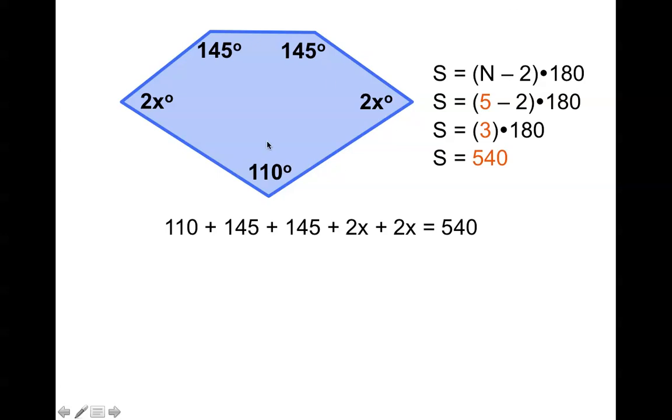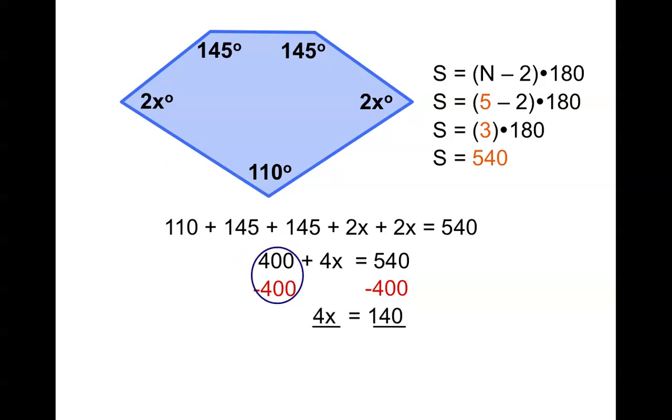Write them all out. Make sure to do your adding properly. Subtract. Divide. X equals 35. And if x equals 35, what does 2x equal? You guessed it, 70. Perfect.